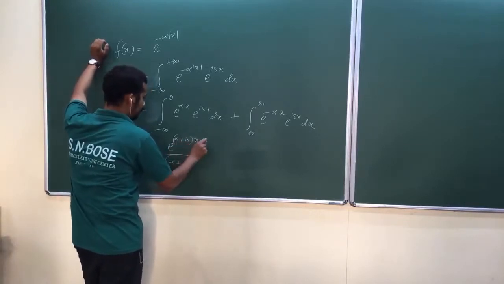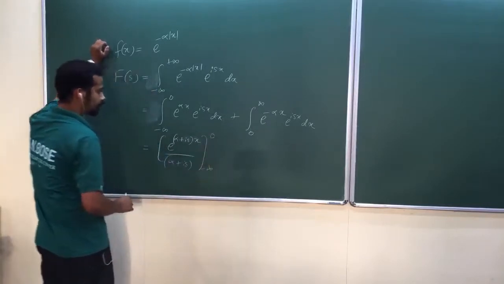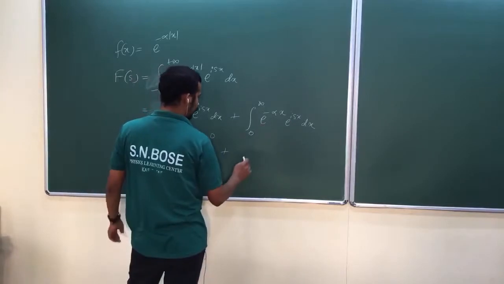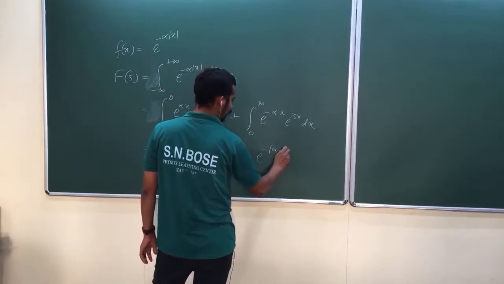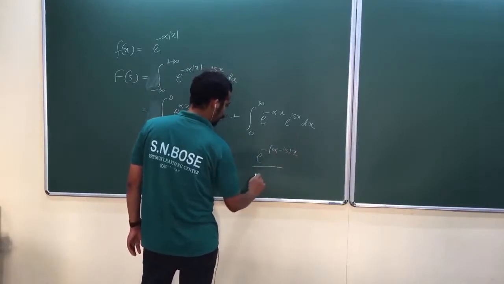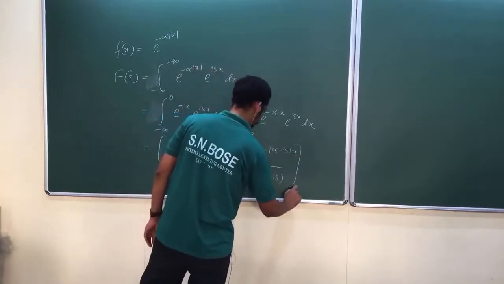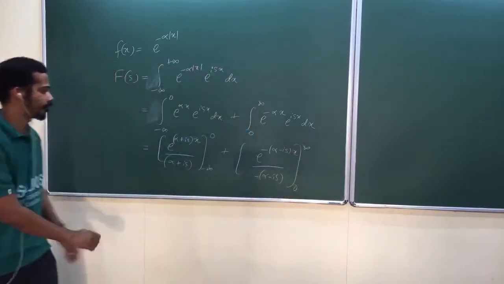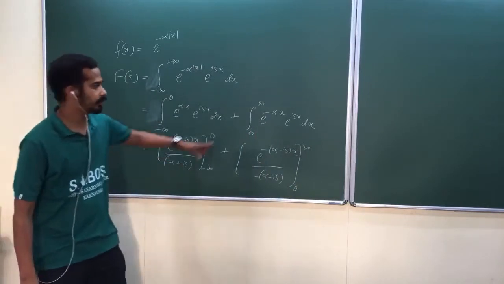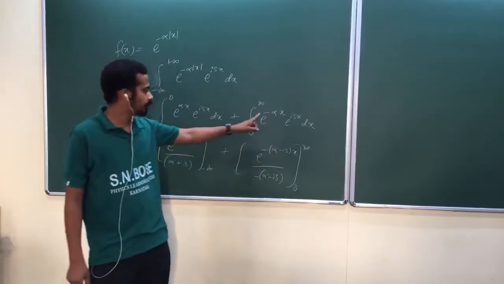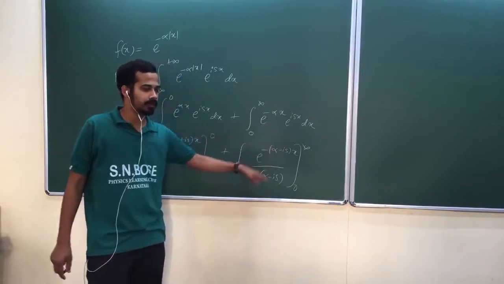Running from minus infinity to 0, plus write this one as e power minus alpha minus is x divided by minus of alpha minus is. Check this out. Take the negative sign outside: minus of alpha minus is. Am I right? Check it out.